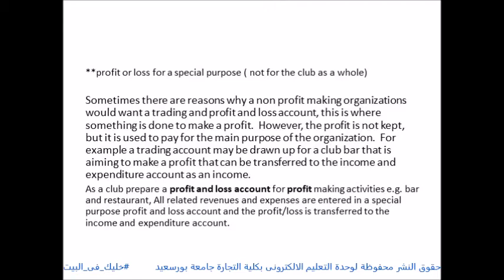For example, a trading account may be drawn up for a club that is aiming to make a profit that can be transferred to the income and expenditure account as an income. A club can prepare a profit and loss account for profit-making activities such as bar and restaurant. All related revenues and expenses are entered in a special purpose profit and loss account, and the profit or loss is transferred to the income and expenditure account.